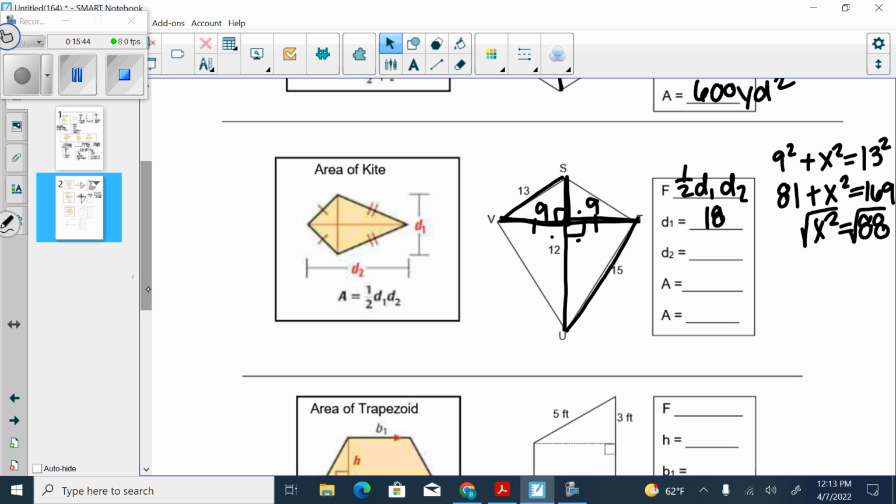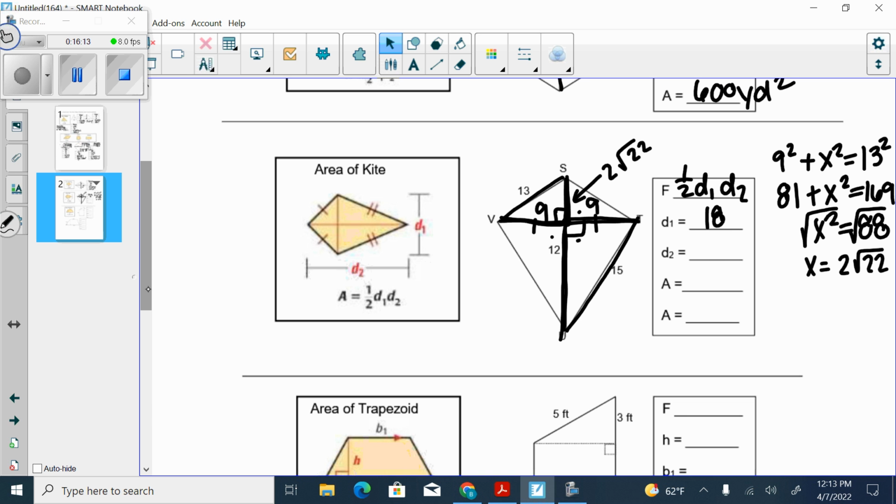What'd you say? Very good. So I could rewrite this as the square root of 4 times 22 because 4 has a square root. What's the square root of 4? 2. So this becomes x is equal to 2 square root of 22. Okay, so now I know this little piece right here, 2 square root of 22. I know the rest of that diagonal is 12. What do we do to find the whole diagonal?